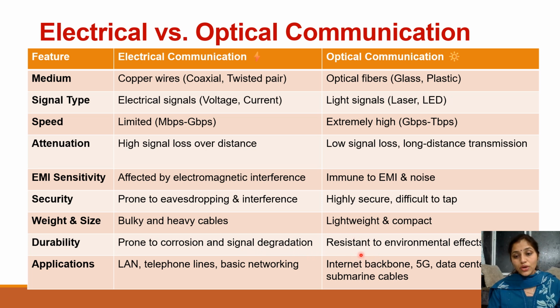Optical fibers are resistant to environmental effects. Applications of electrical communication are in LAN, telephone lines, basic networking, whereas here applications are internet backbone, 5G, data centers and submarine cables. Also we use optical fiber communication.